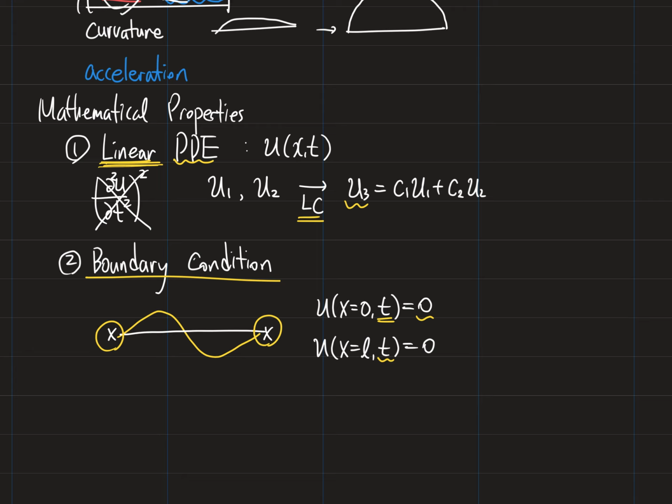Okay, so boundary conditions we also discussed. Now we understand the structure of the one-dimensional wave equation. Now we move on to the next page to solve this wave equation.